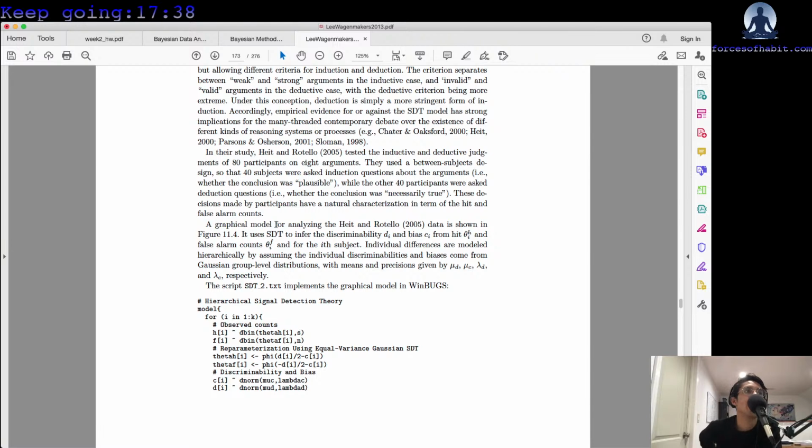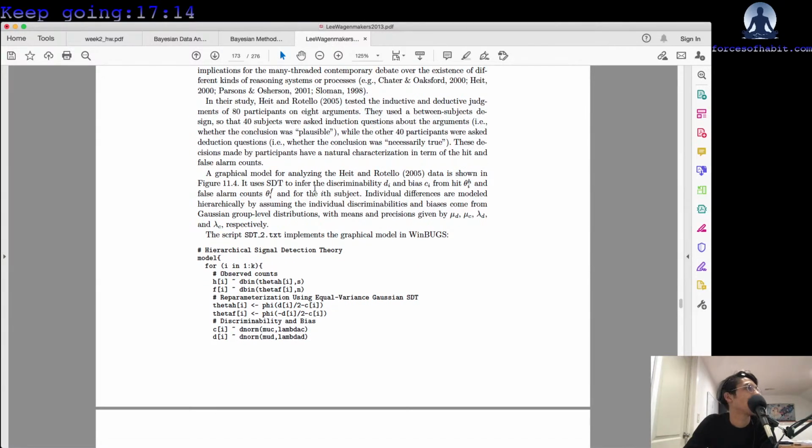Like on average, is it a case that inductive arguments are somehow easier to characterize because the arguments tend to be stronger, based on people's ability to discriminate? We'll see.